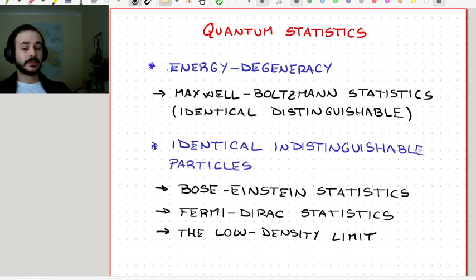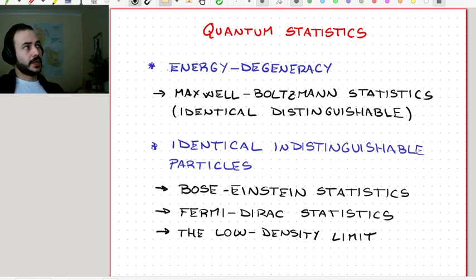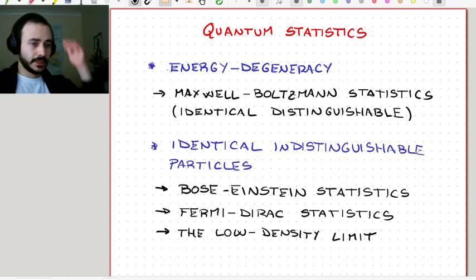identical and indistinguishable particles. Okay, so there is a very subtle important difference between identical particles, which happens when you have a gas of non-interacting molecules which are all the same. You have a single component system, all your molecules are identical to one another, and classically speaking you assume that although they look the same, you can always tell which particle is which.